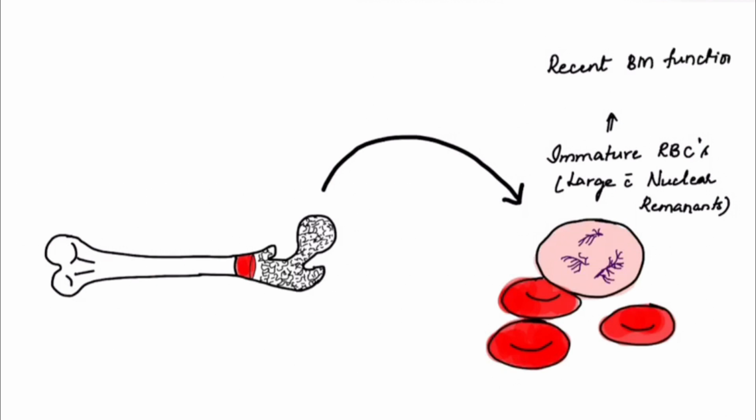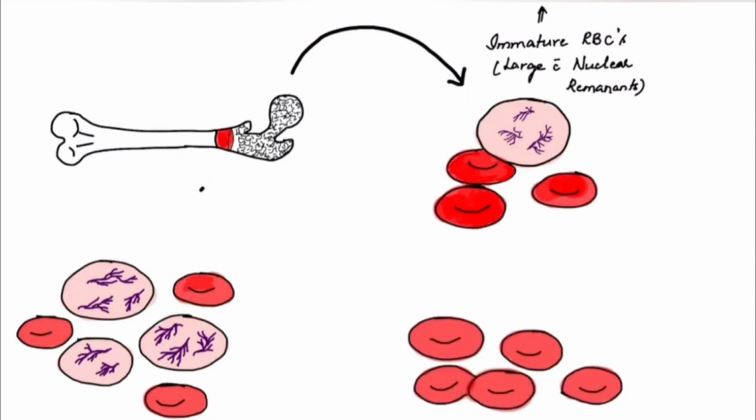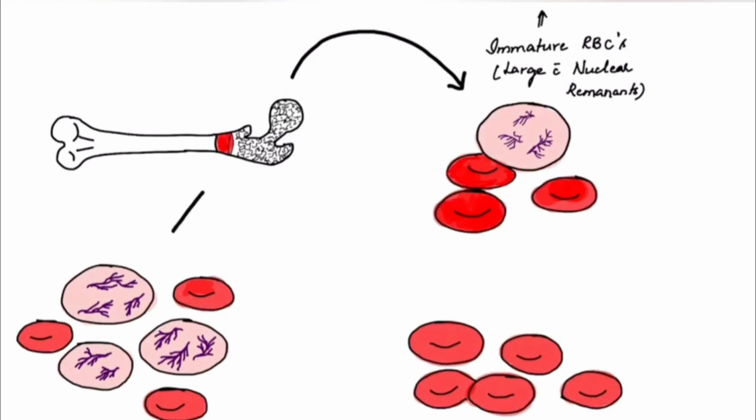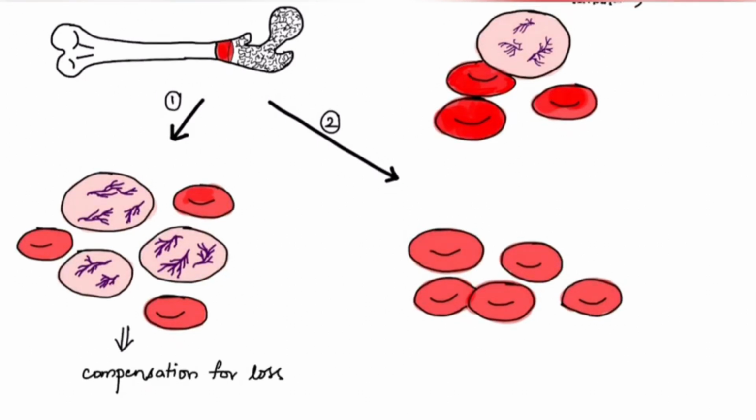Now we'll look at two scenarios. One scenario where the bone marrow is producing more reticulocytes, and the other where the bone marrow is producing fewer reticulocytes than normal. More reticulocytes indicates that the bone marrow has increased its function to compensate for a loss of RBCs from the peripheral blood.